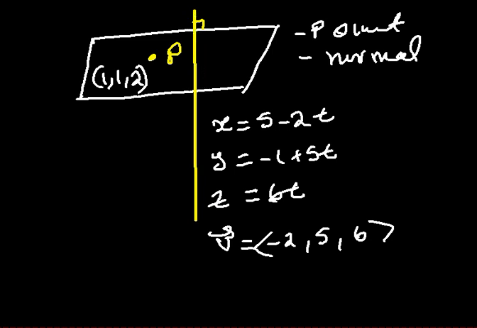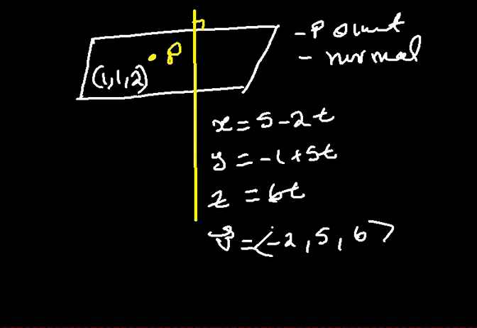Since the line is perpendicular to the plane, and the directional vector is parallel to the line, then from the fact that the line is perpendicular to the plane, the directional vector will also be perpendicular to the plane.